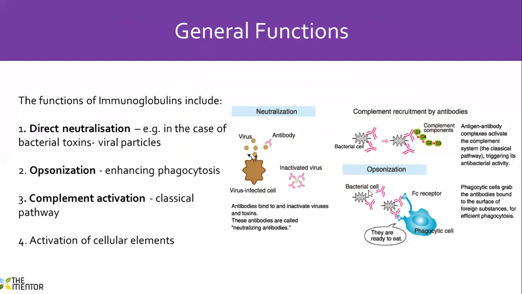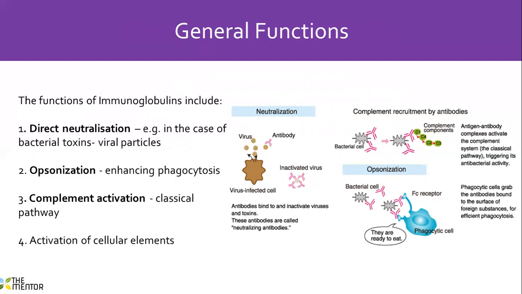If it's a bacterial cell, antibodies come and bind, and then the phagocytes know that this one is marked for engulfing and phagocytosis, using the receptors, and then it comes and takes it up. And then we have complement activation. We have a complement system, especially the classical pathway.